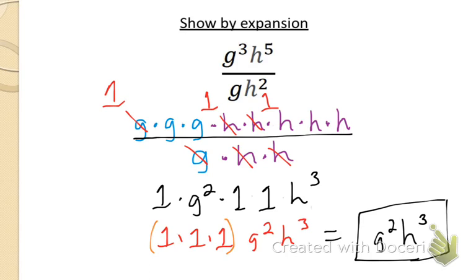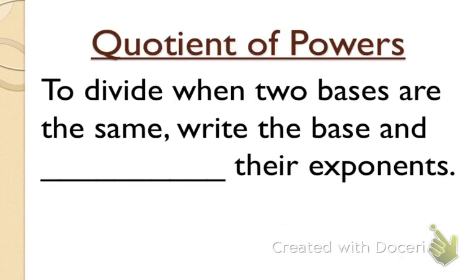Okay, so again, you might be thinking, oh, well, I see the same pattern, miss. This too, I could have gotten it from this cube and this g. This 3, I could have gotten it from this 5 and this 2. Well, that brings us to our first property, quotient of powers. To divide when two bases are the same, you're going to write the base and subtract.